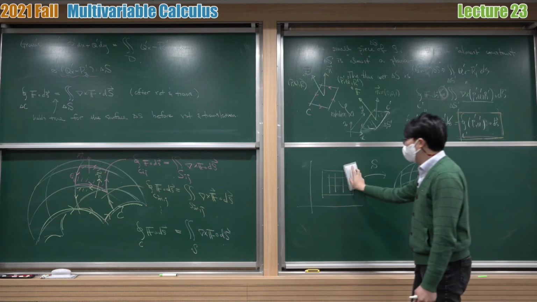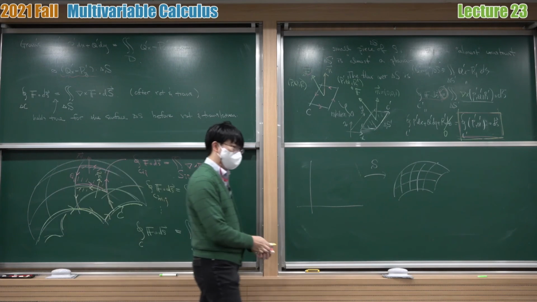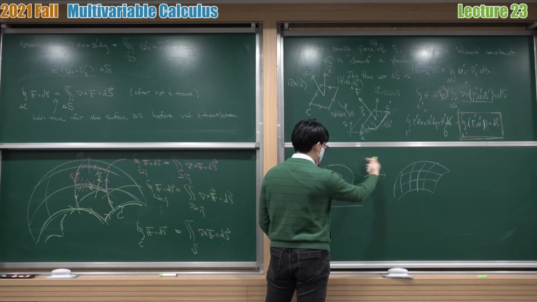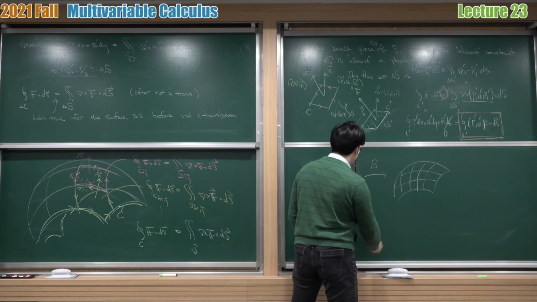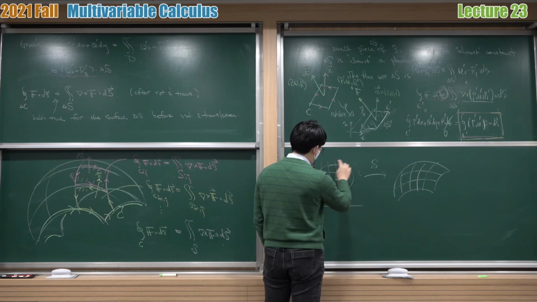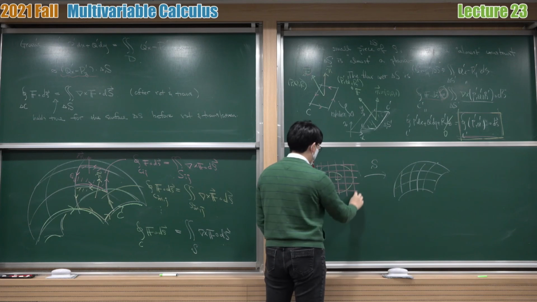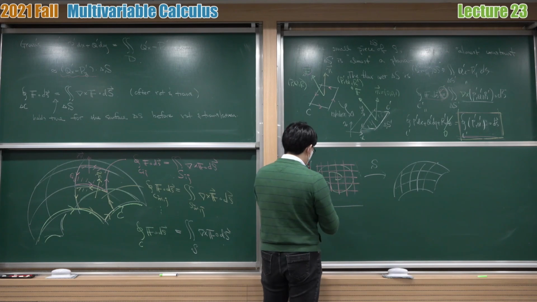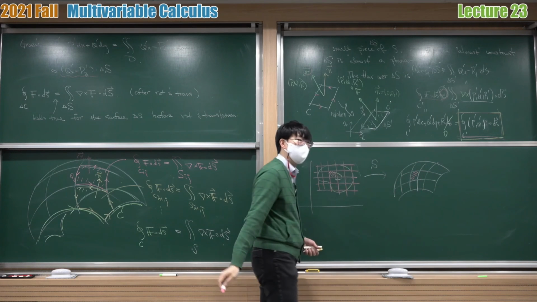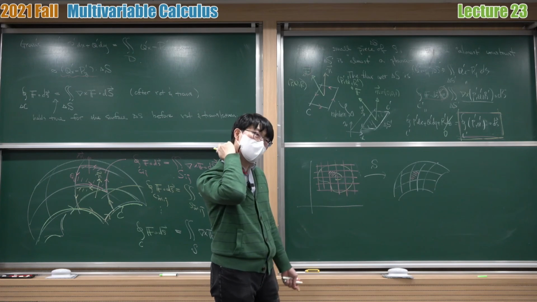However, if you had a non-rectangular domain for your parameterization, which is very possible, let's say we have a domain D, parameterized over D to the surface S. Then if I make a grid here, this one will map to a parallelogram. But if you're looking at these pieces, it's not a one-to-one parallelogram.